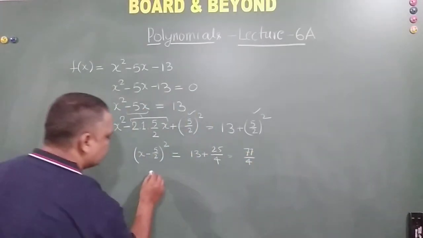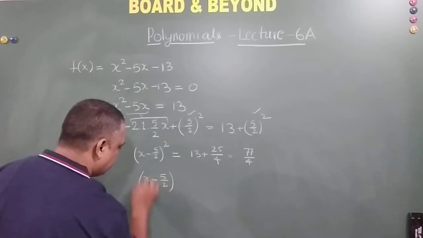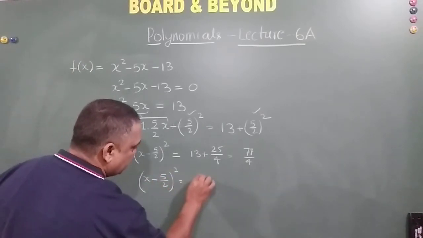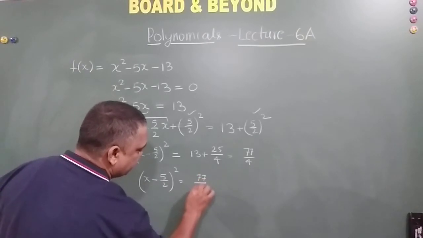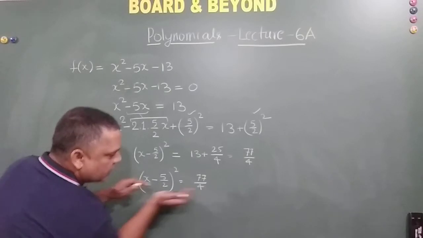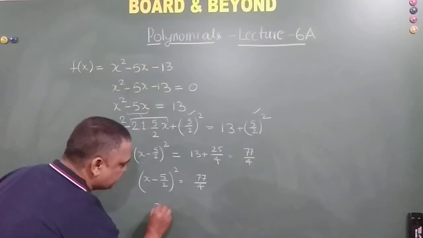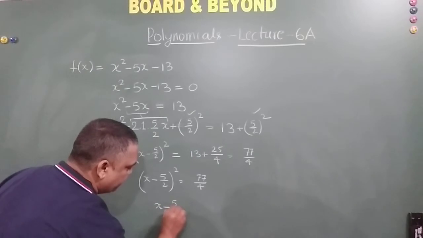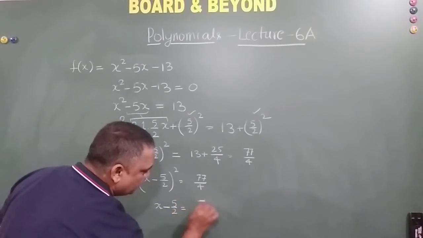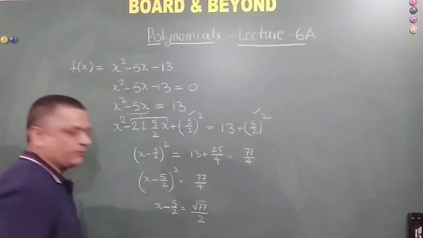I'll just write one more step here: 77 by 4. Now taking square root on both the sides, this leaves me with x minus 5 by 2 is equal to root 77 divided by 2.